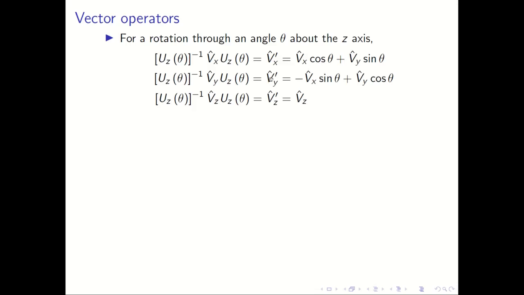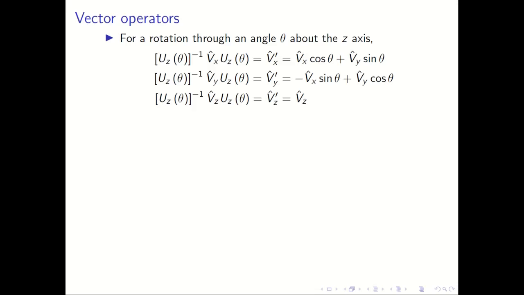A very similar thing happens for Vy prime, which is minus Vx sinθ plus Vy cosθ, and Vz prime, of course, stays unchanged because we're rotating about the z-axis. So Vz prime is the same as Vz.